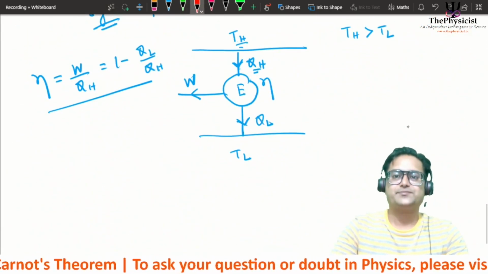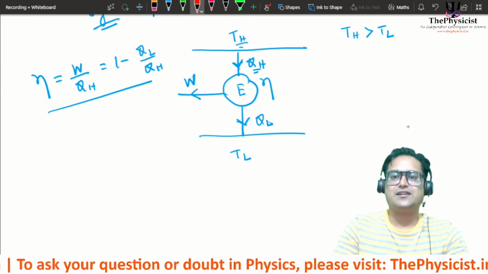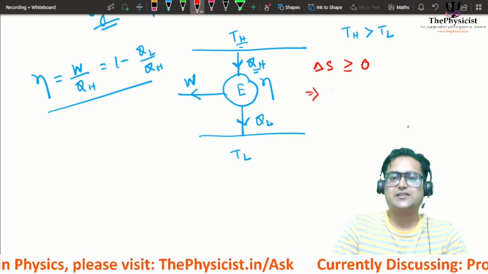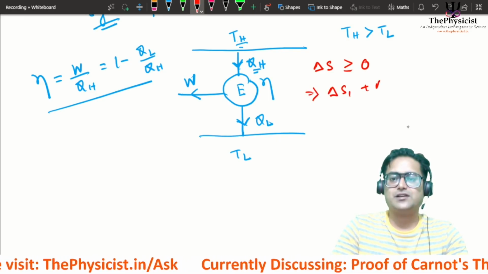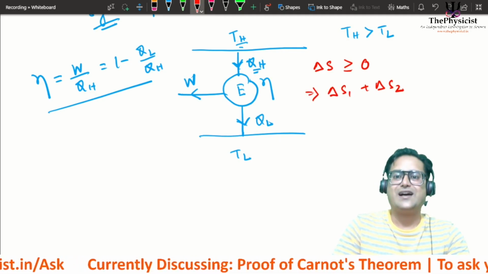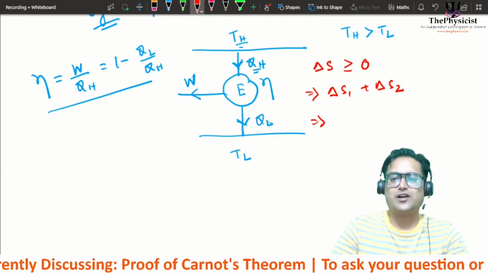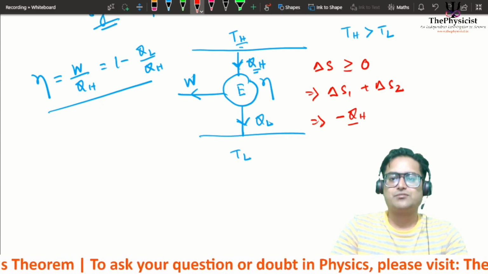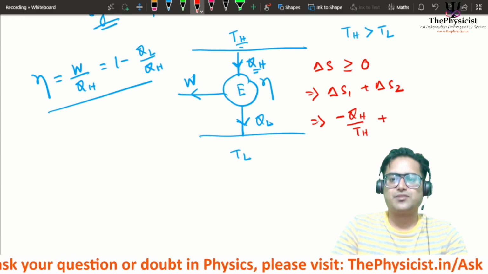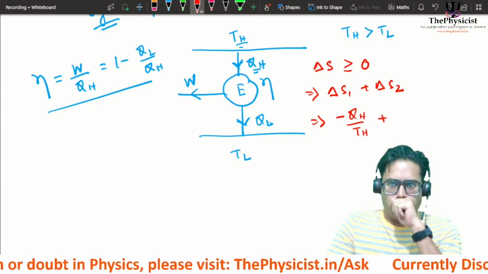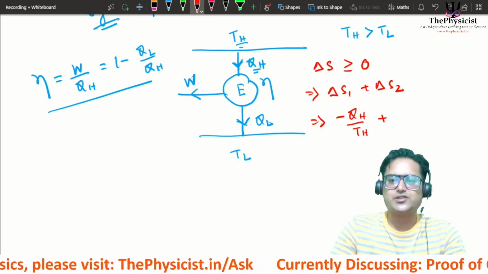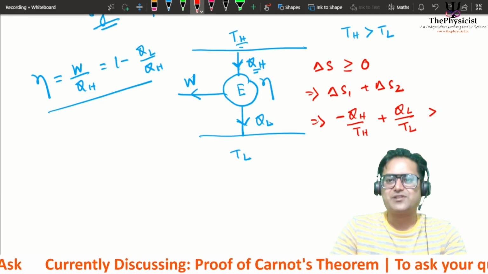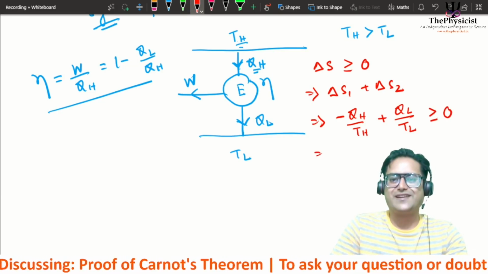So here I will say that the net entropy, delta S1 plus delta S2, is greater than or equal to 0. And that means delta S1 is minus QH by TH, and sorry, delta S2 is QL by TL. That must be greater than or equal to 0.